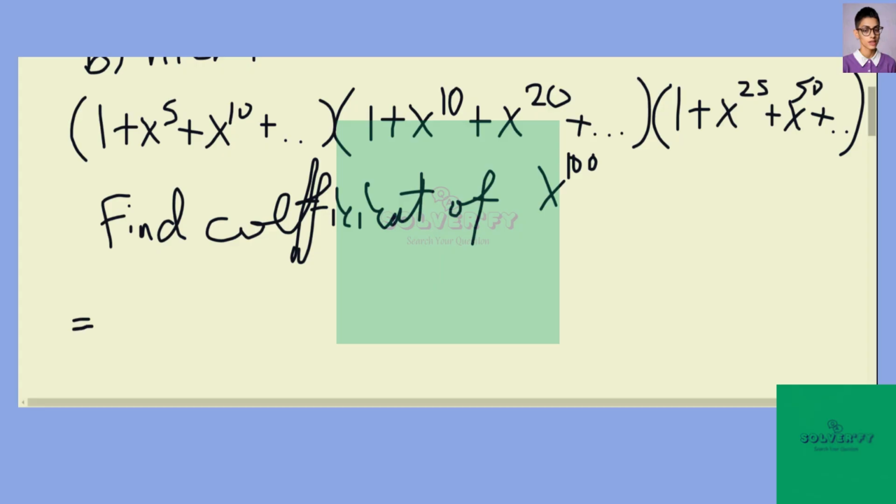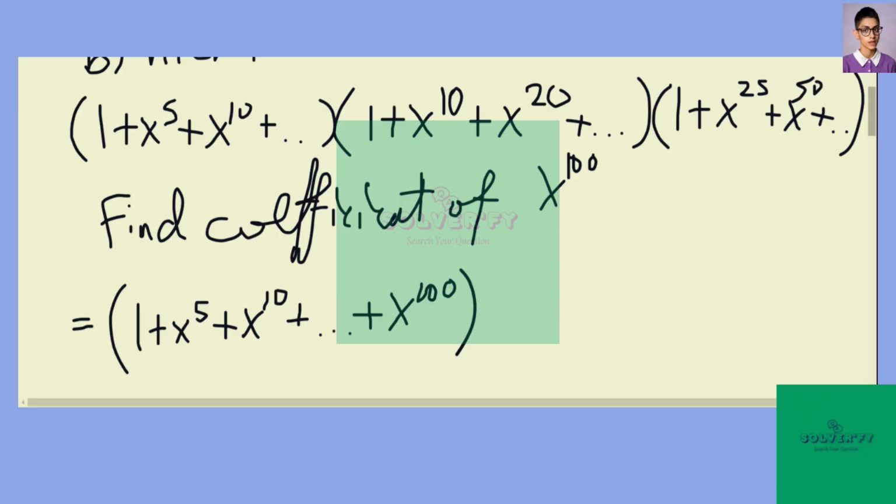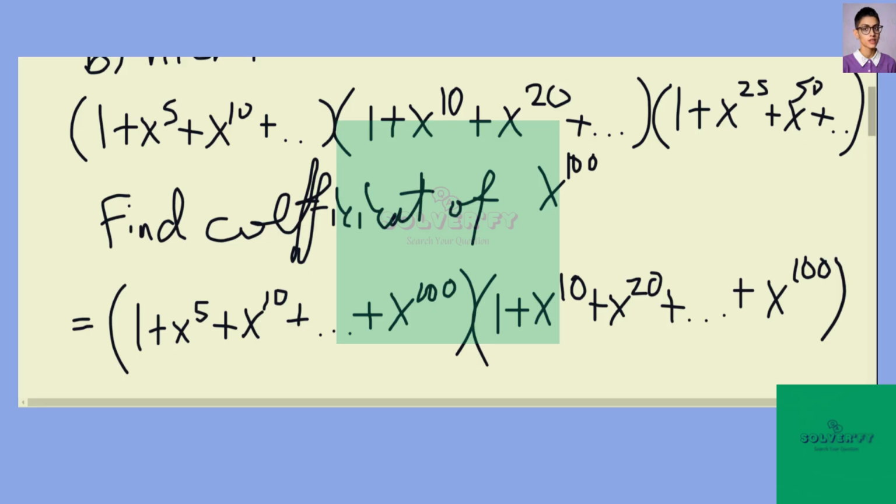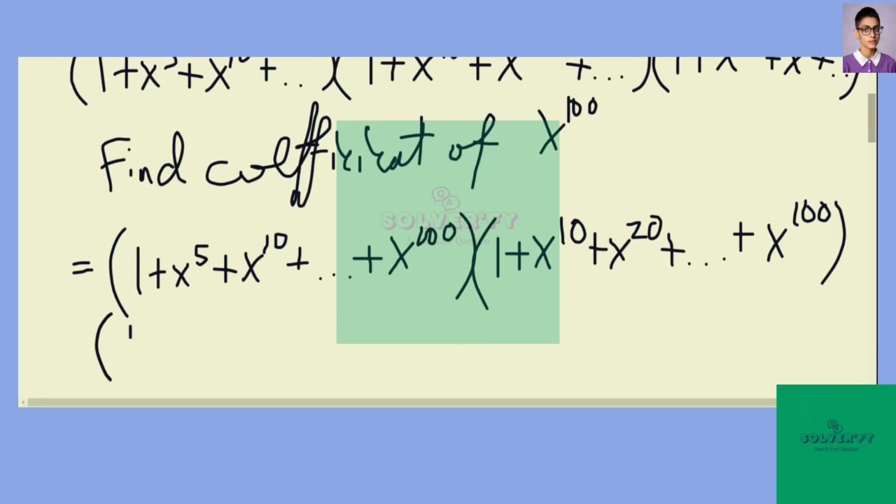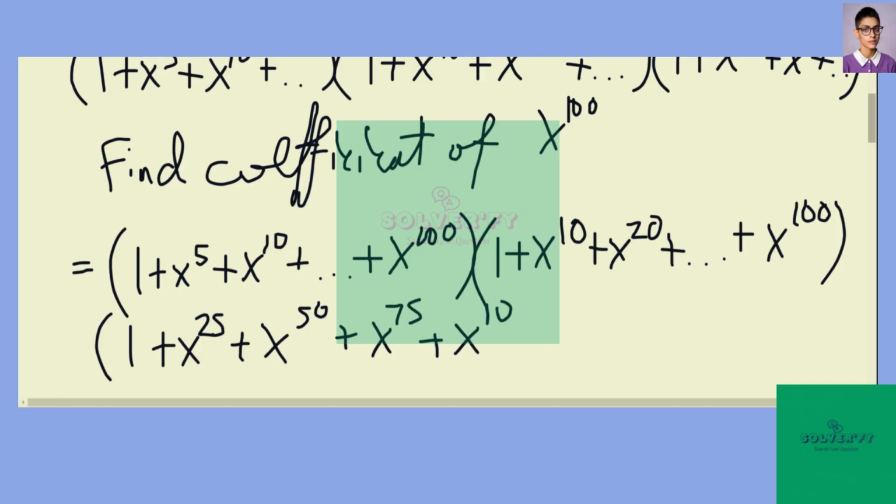Well, we can abbreviate each of these products to 1 plus x to the 5th plus x to the 10th plus, and so on, up to x to the 100, since 100 is divisible by 5, times 1 plus x to the 10th plus x to the 20th up to x to the 100, since 100 is divisible by 10, and times 1 plus x to the 25th plus x to the 50th plus x to the 75th plus x to the 100th.